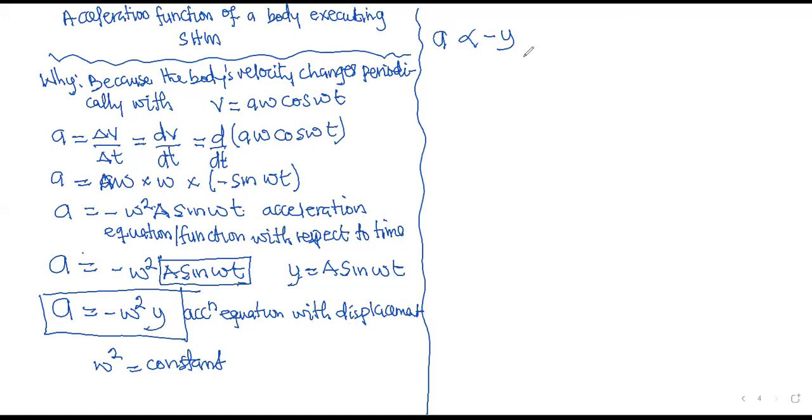Because when we started, we said that whenever a body is executing simple harmonic motion, its acceleration is directly proportional to the displacement, but oppositely directed. So our acceleration equation confirms that yes, we are doing simple harmonic motion. The acceleration formula for a body doing simple harmonic motion is given by minus omega squared y.